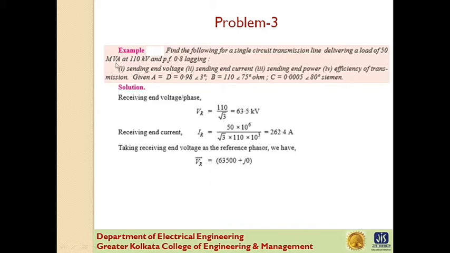When the power is given in kVA, VA or MVA rating, the current is equal to P by root 3 into VR. So P is 50 MVA, which we convert into VA, and we convert the voltage from kilovolt to volt by multiplying by 10 cube, 110 into 10 cube. So the final value of the receiving end current is 262.4 ampere.